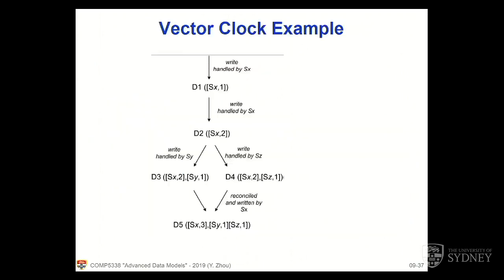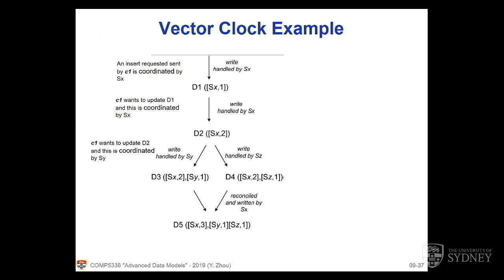Now let's see an example. There's an initial insert requested by C1, coordinated by SX. So we get a version D1 with the vector clock SX, 1. It updates once. Then the same C1 wants to update D1, again coordinated by SX, so we just increment the counter because SX does the coordination a second time.